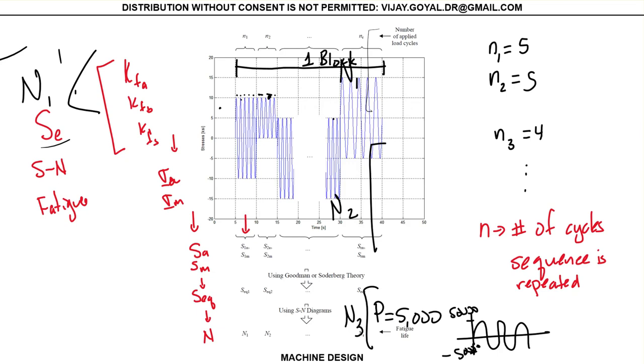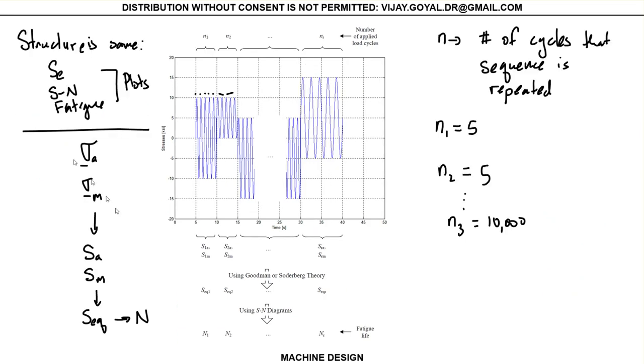So basically this is what you want to do, and then you want to repeat this many times. You repeat this for this loading sequence, repeat for the second loading sequence, and you keep repeating this for many sequences. Another thing to keep in mind is what we may call a block cycle.